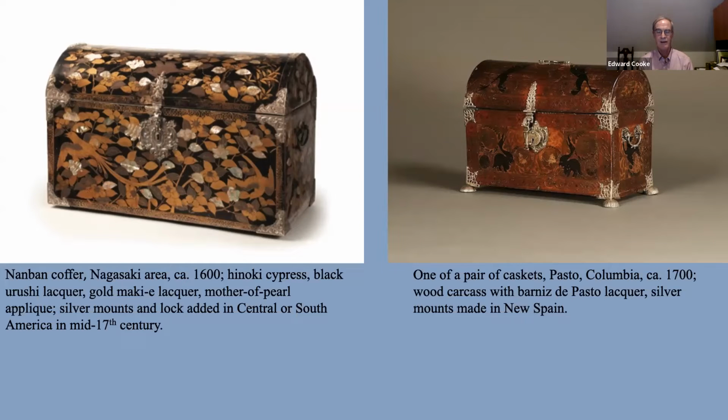And so it's easy to then think, oh, here's a piece that's coming from Colombia that you have on the right, that's also lacquer. And people have oftentimes just thought, oh, the people in Peru, in Colombia, in the Viceroyalty of Peru, are simply copying the kinds of work that's coming across the Pacific. But it's a very different tradition.